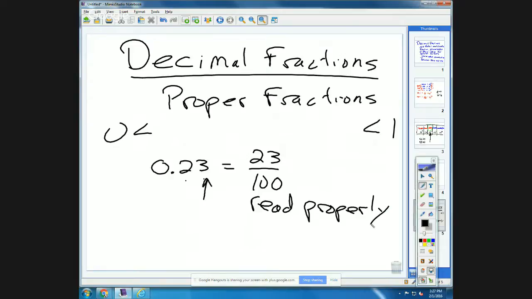So that's how stating it as a fraction, identifying the place value, is how we read it properly. Then we can reduce if necessary if we wanted to turn it into a regular fraction. Turns out this one doesn't reduce.